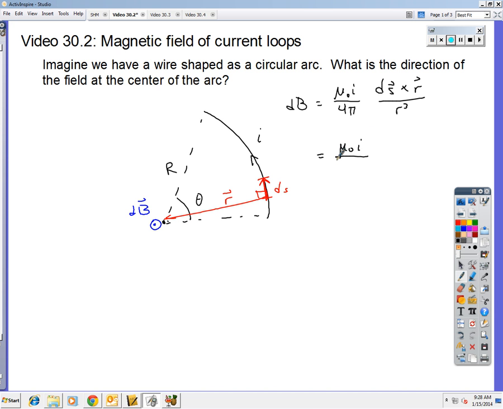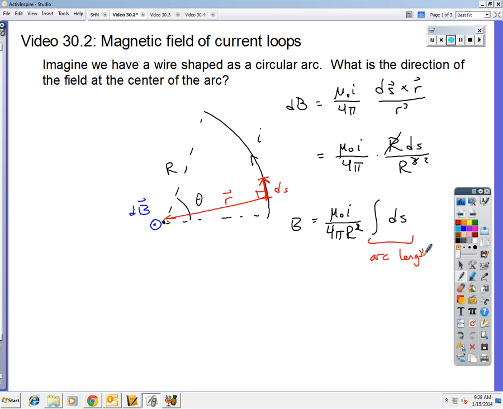So dB becomes mu naught I over 4 pi times r ds over r cubed, divide top and bottom by r, and then we have to integrate. So B equals mu naught I over 4 pi, and because r is the same for every point along this arc, we can bring that r squared out of the front of the integral, and we're just left with the integral of ds, which is simply the arc length.